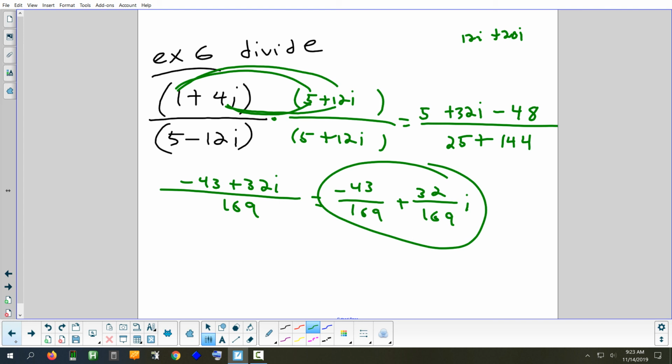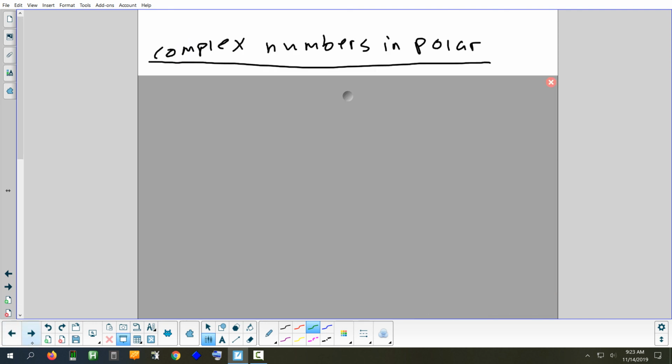There's a better, faster, easier way. But the easier way to multiply and divide complex numbers means you have to know how to write complex numbers in polar. So this is the start of the connection between what we learned about polar on Monday or Tuesday, and what we learned about complex numbers yesterday.